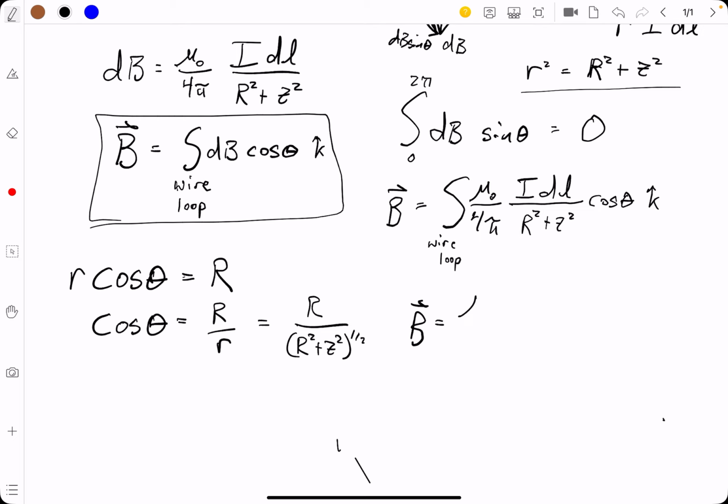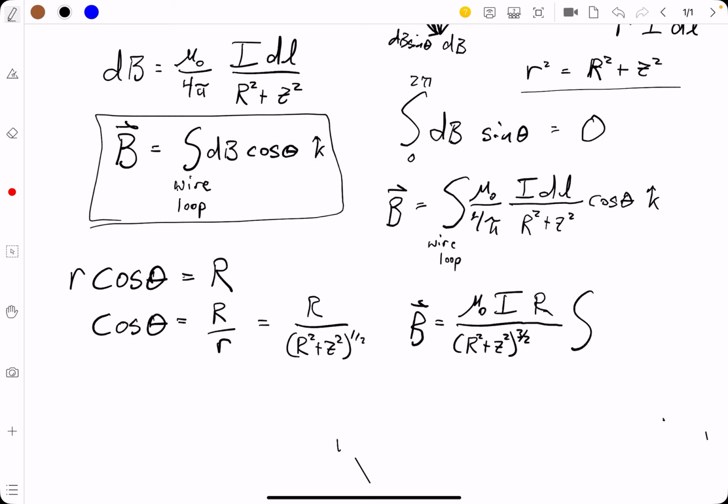I'm going to factor out all the constants. What else don't I want? Oh, I need an R for the top part of cosine theta.